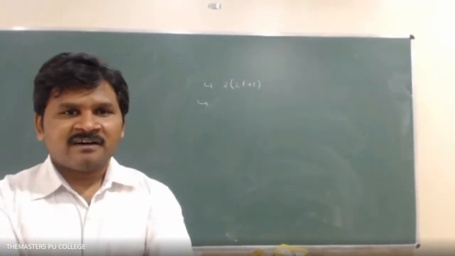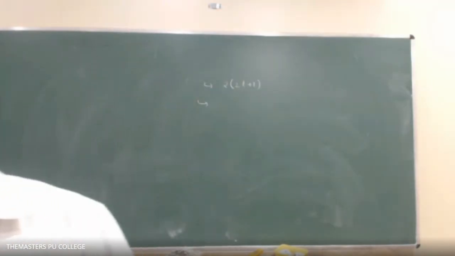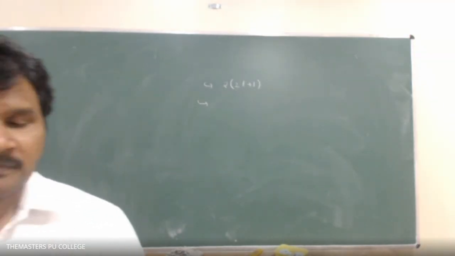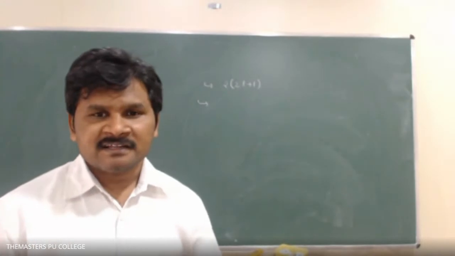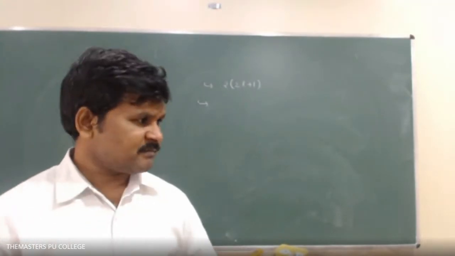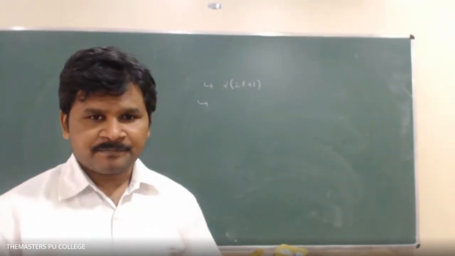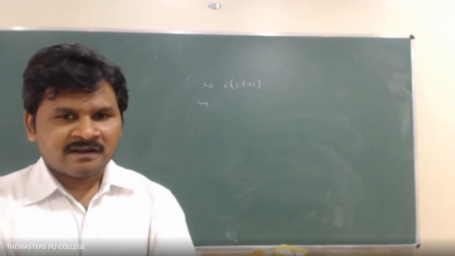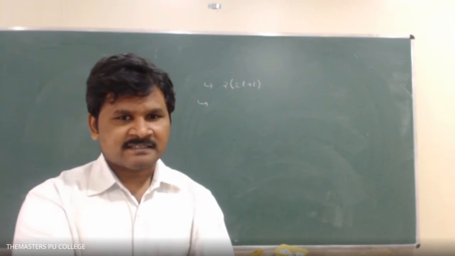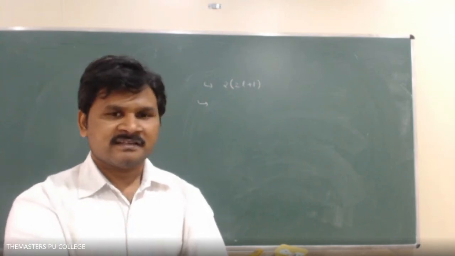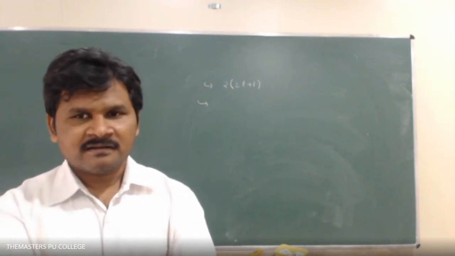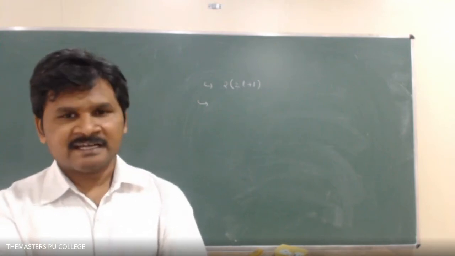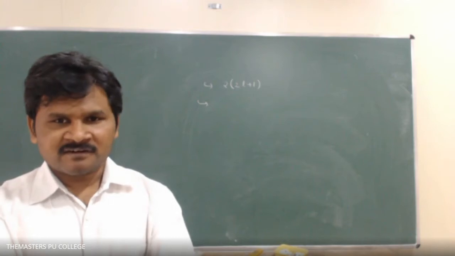So, these are the formulas related to quantum numbers. I repeat, please check the first formula. Number of subshells in a nth shell is equal to n. That is the first formula.